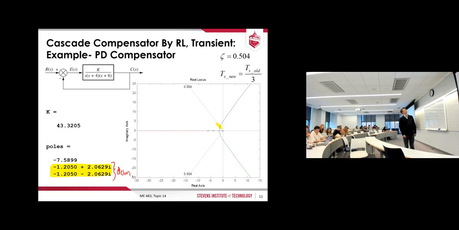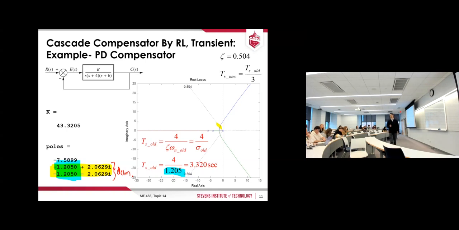Okay, now what? Ts old is 4 over sigma. You remember? Ts, the settling time, is 4 over zeta omega n, and zeta omega n is sigma. Sigma is that point, right?